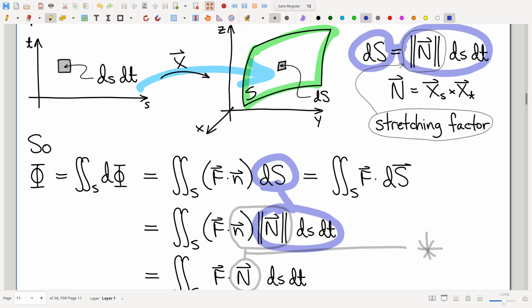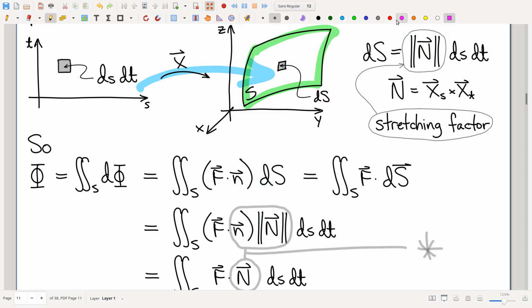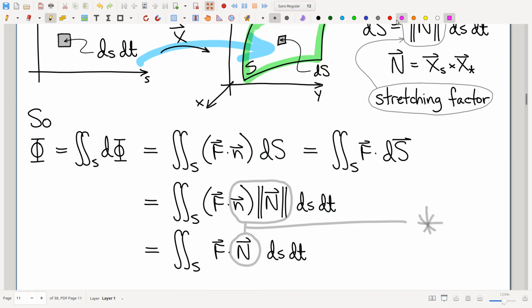Now, having done that, I'm going to commit a math crime. I'm going to make the assertion that this product right here, if you think about it, little n is a unit vector pointing perpendicular to the surface.